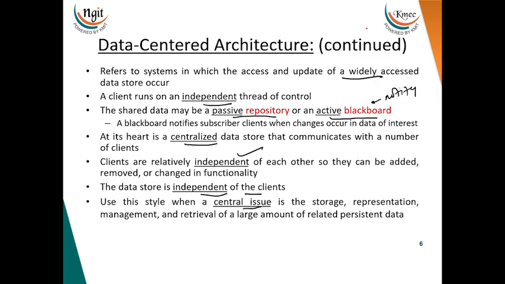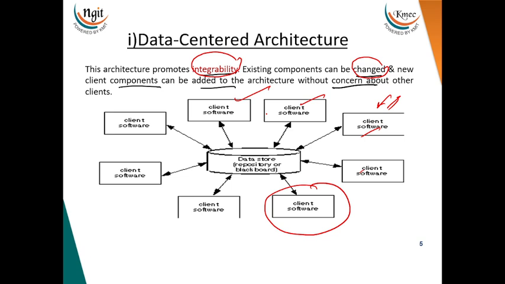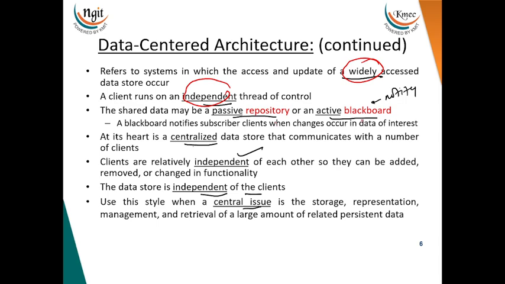Data-centered architecture refers to a system where data is widely accessed and updated. The clients run independently of each other. The repository is static, or it can be active, a blackboard, which means notifications are active.